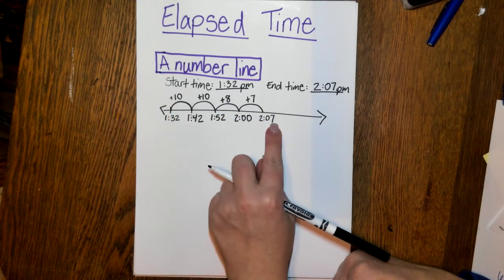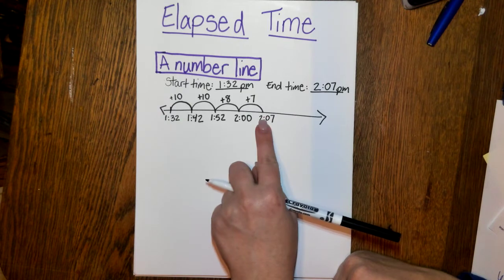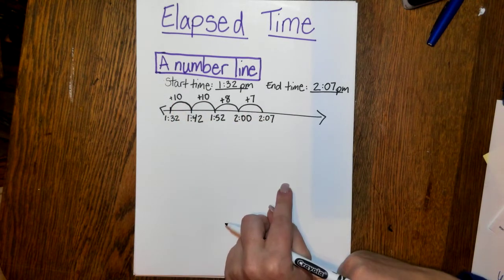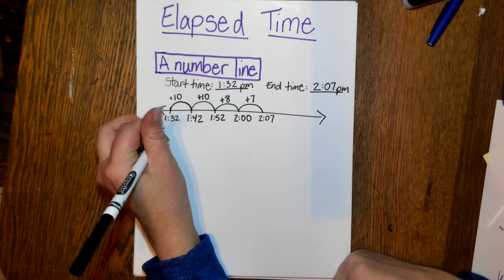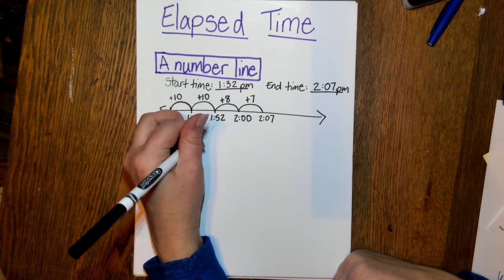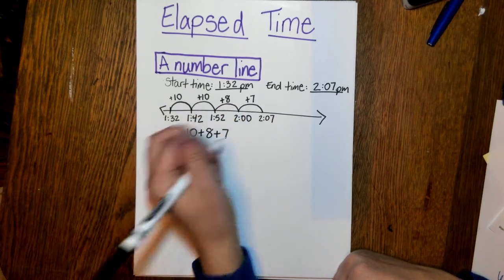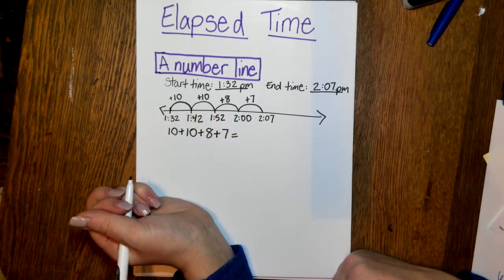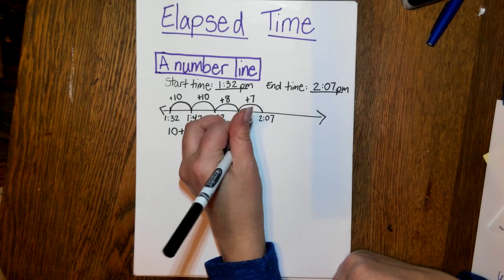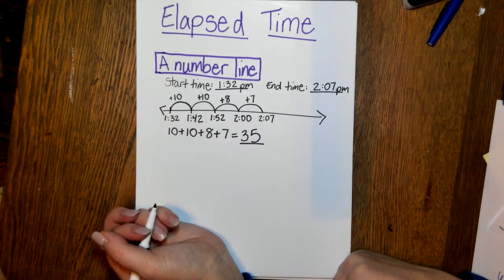Once I have all of my jumps and I go from my starting time to my end time, I can add that up. 10 plus 10 plus 8 plus 7 equals 35 minutes.